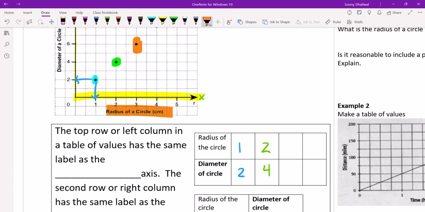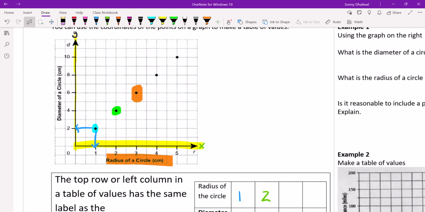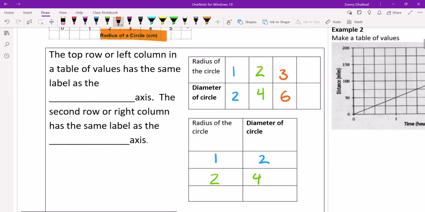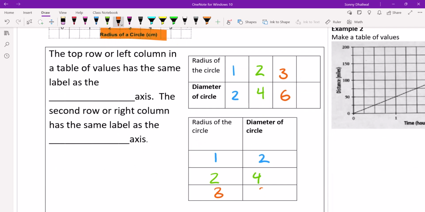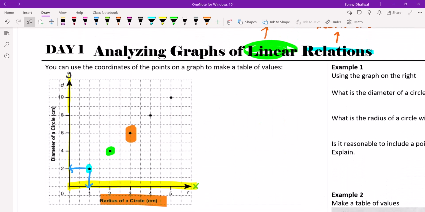Okay, next one. I'll do it in orange. What's the x and y values here? 3 and 6. Thank you. 3 and 6. And finally, am I out of colors?